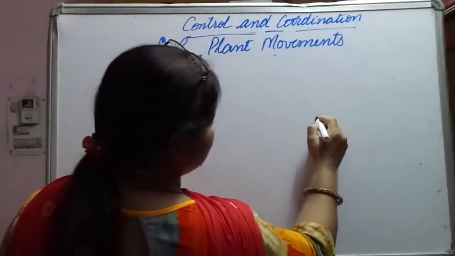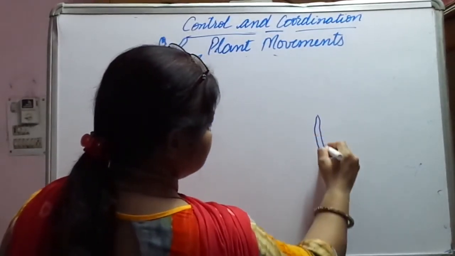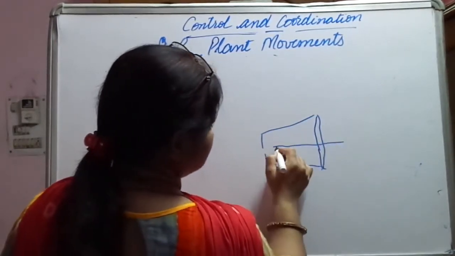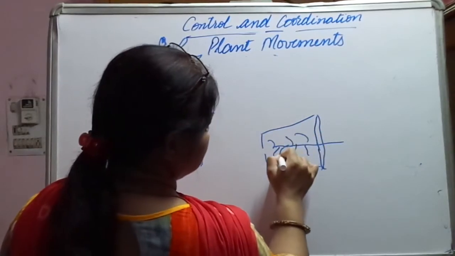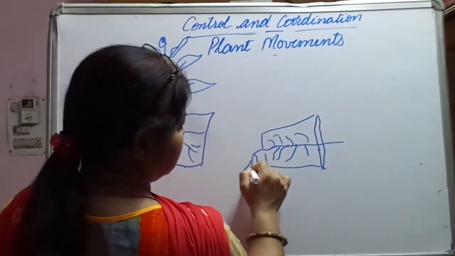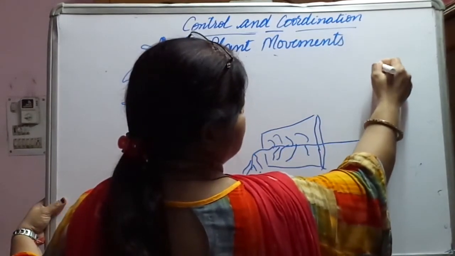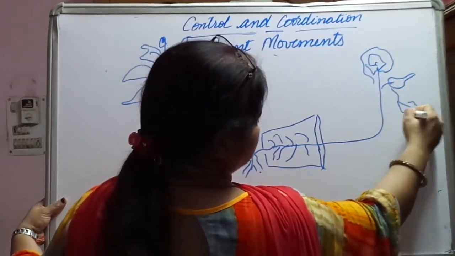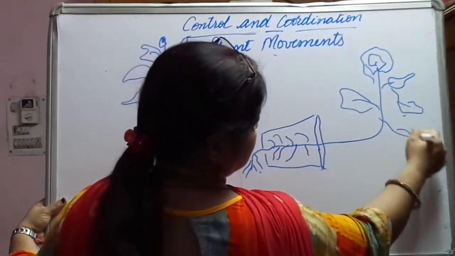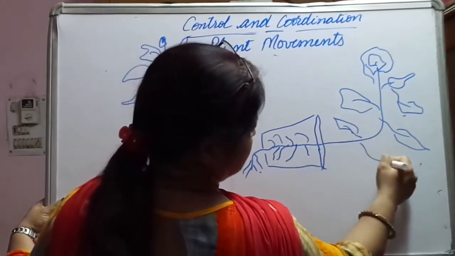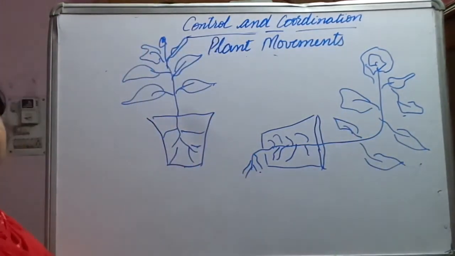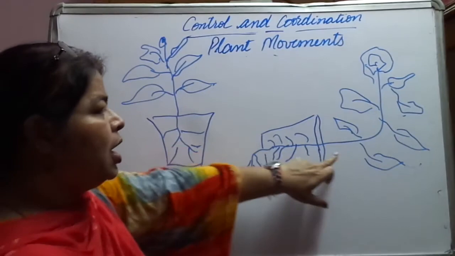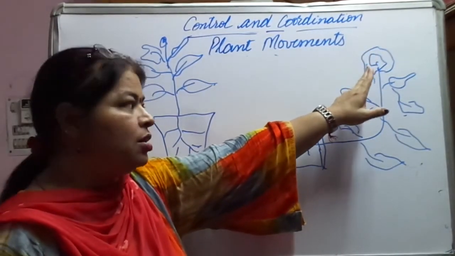After some days, what are you going to observe? So this is how you are going to see the variation. You can see the root is bending towards the gravity of the earth, and the shoot is bending away from the earth's gravity.